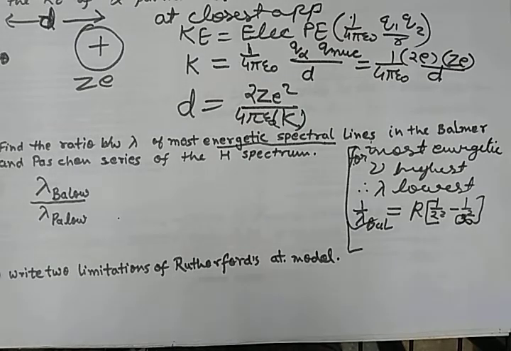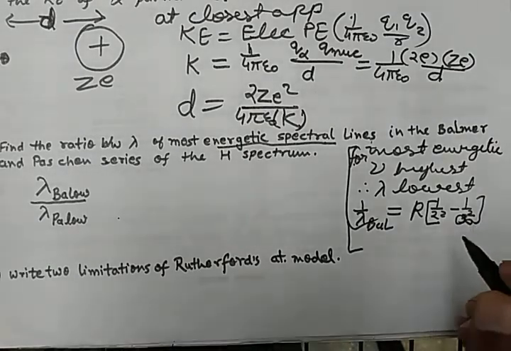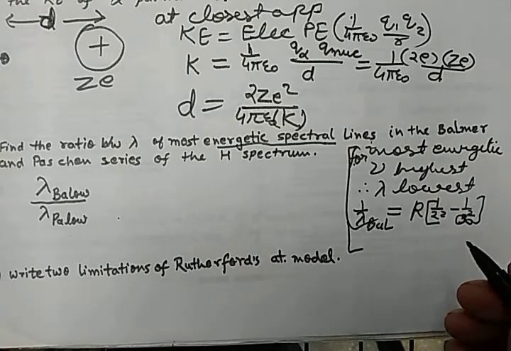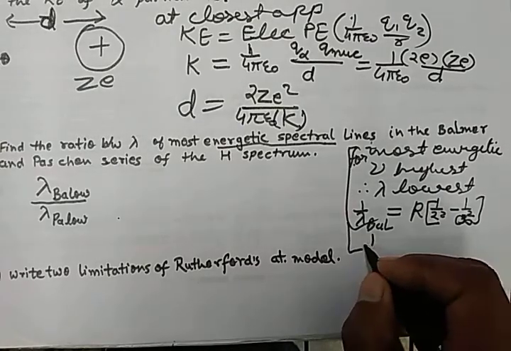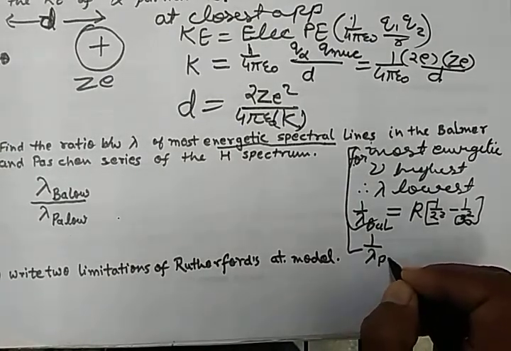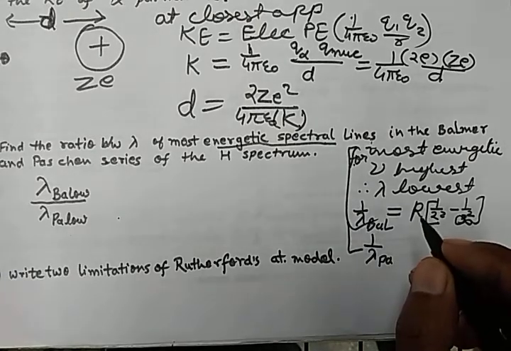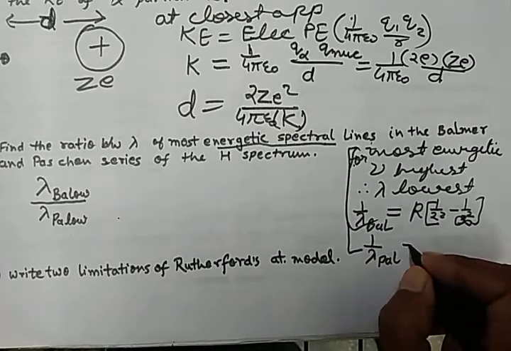For shortest wavelength, n2 for all transitions is infinite. And in the same way for Paschen, lowest.